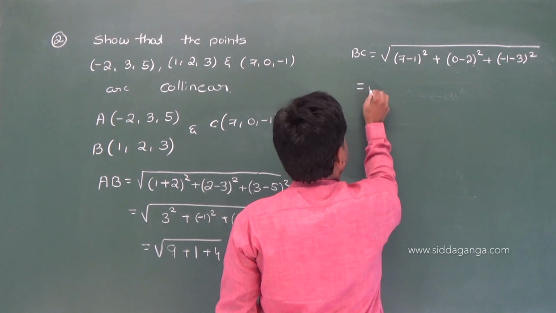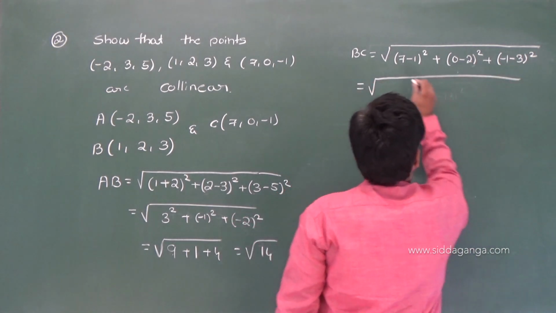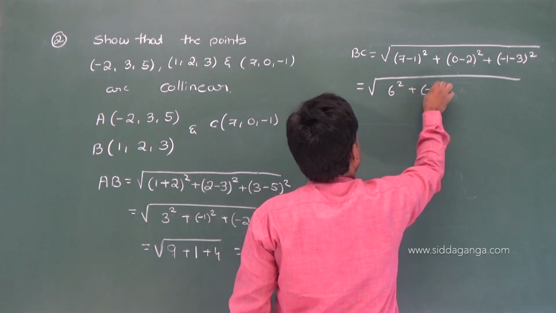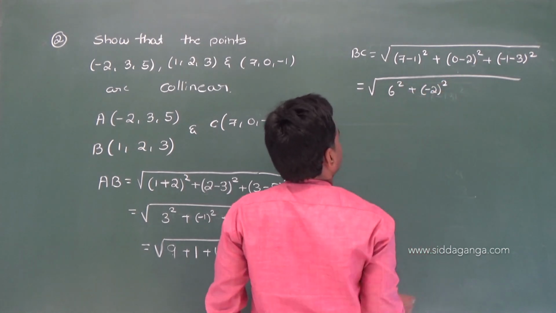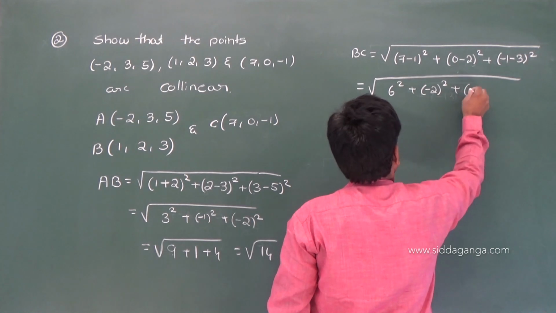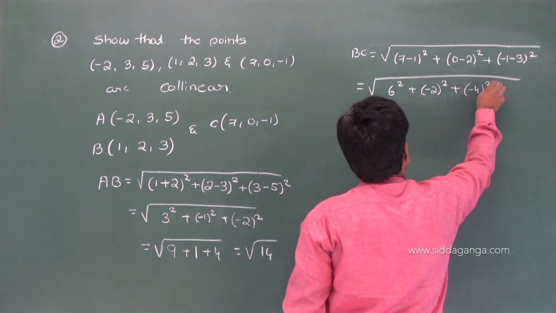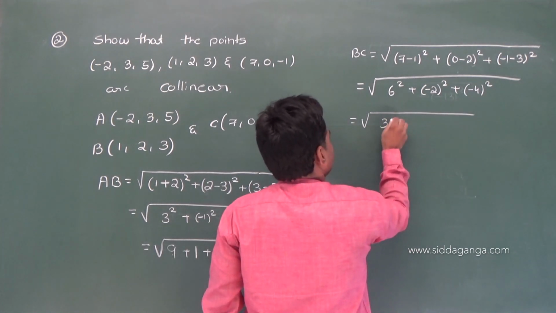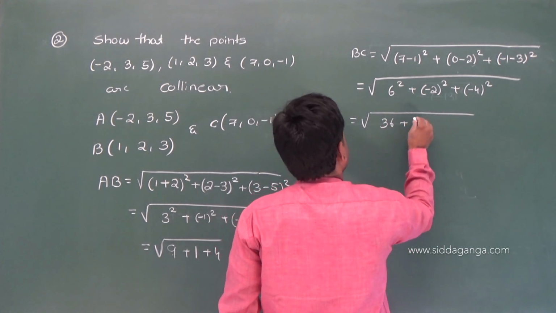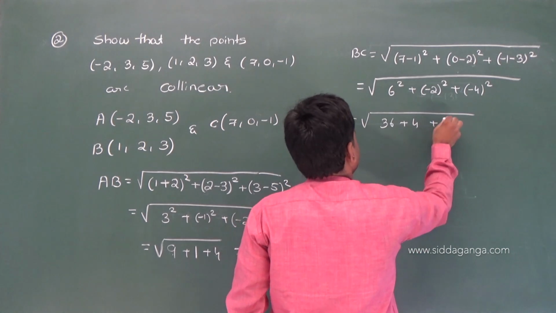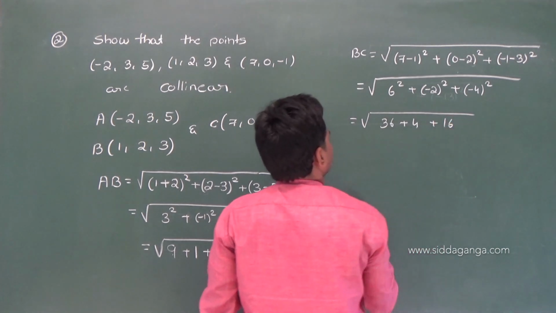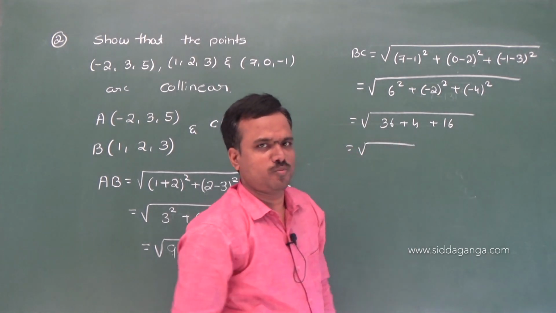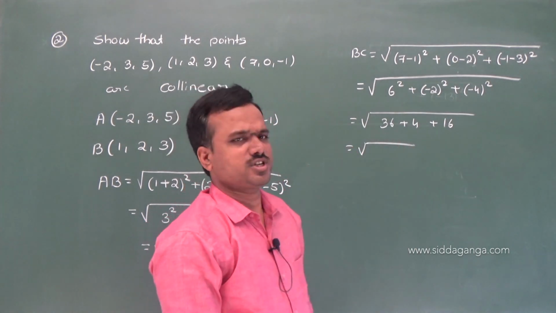That is square root of 6 square plus minus 2 square plus minus 4 square. 6 square is 36, plus 2 square is 4, 4 square is 16. 36 plus 4 is 40. 40 plus 16 is how much?